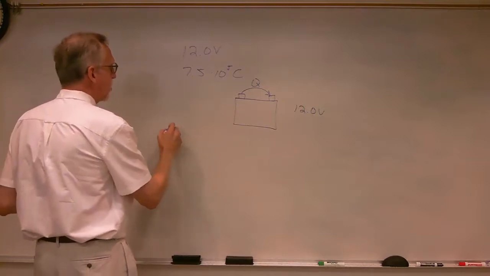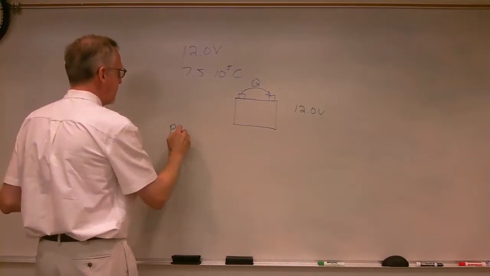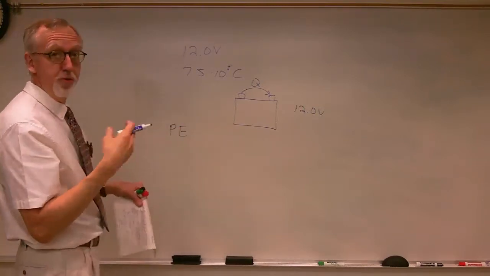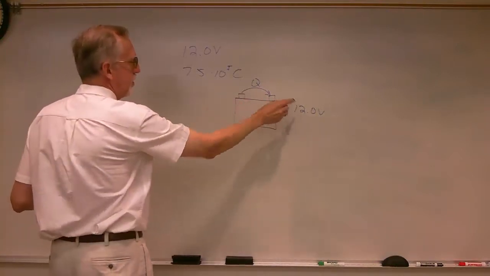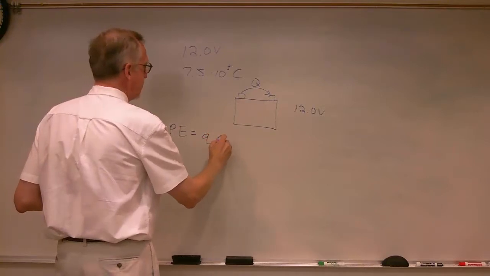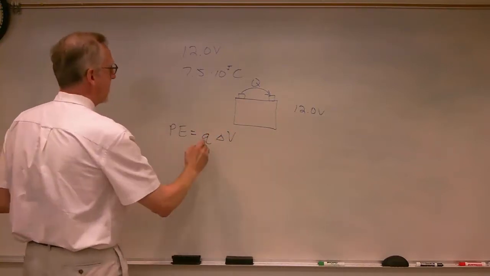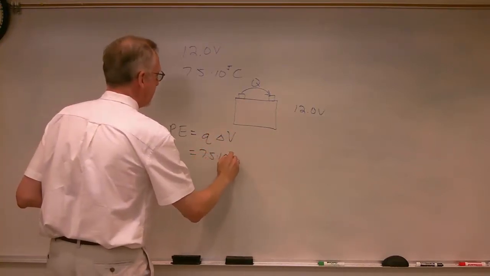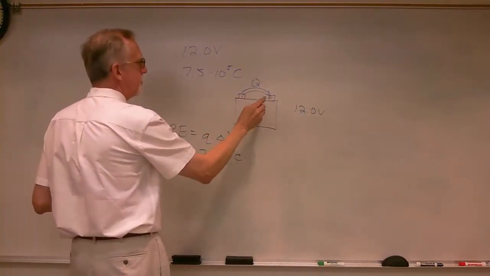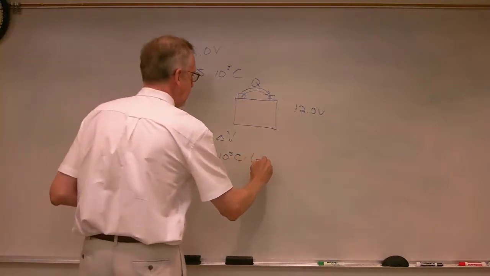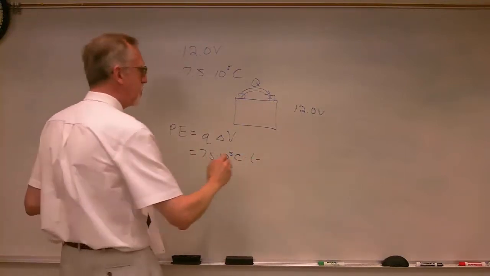Well, the total energy, the potential energy change due to the motion of those charges, is going to be Q delta V, a charge of 7.5 times 10 to the 5th coulombs. We're going from the positive terminal to the negative terminal, so we've got a change in voltage of negative 12 volts.